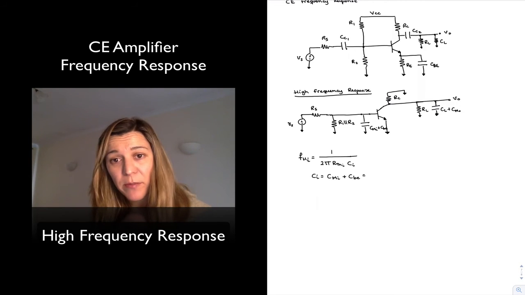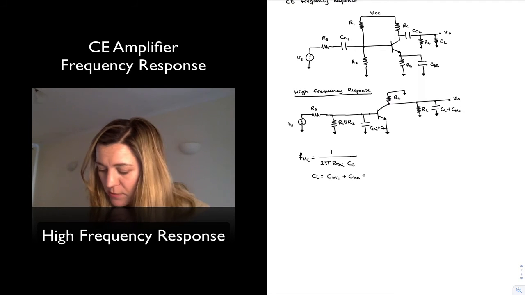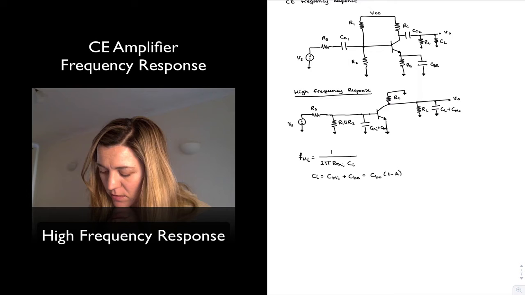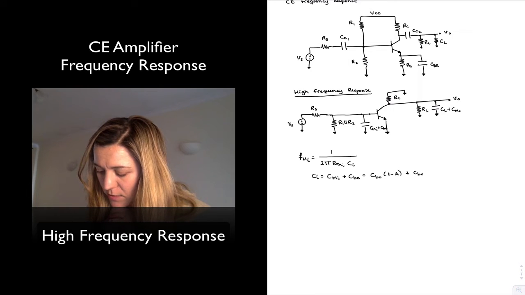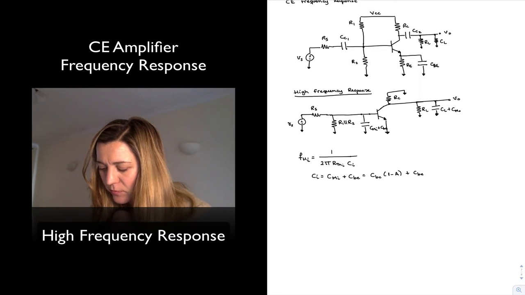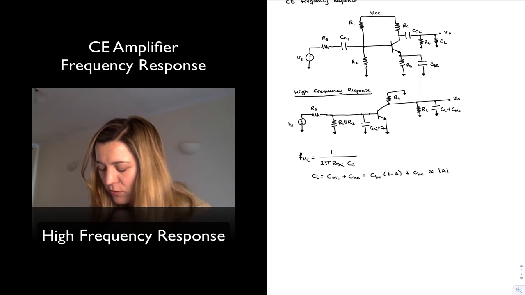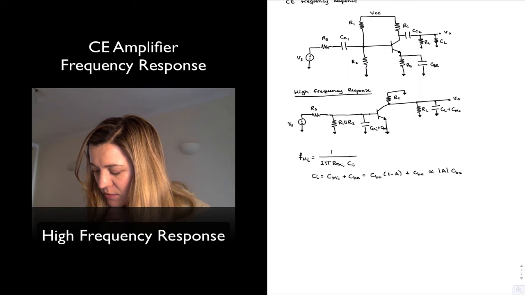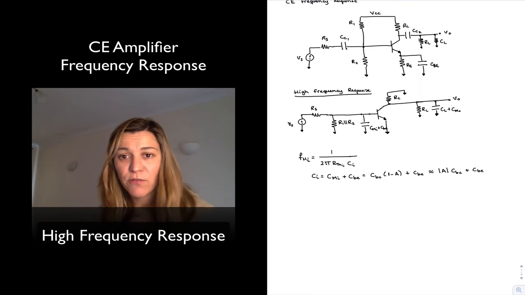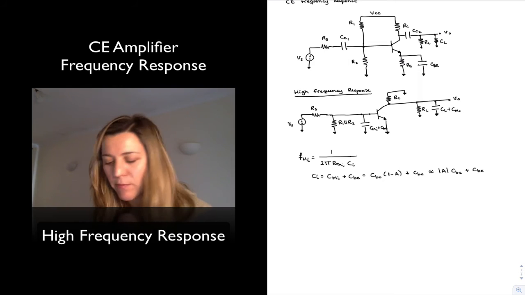And the Miller input capacitance is going to be equal to CBC times (1 minus A), plus CBE, approximately equal to the absolute value of the gain times CBC plus CBE. And the reason for that is the gain for a common emitter amplifier is typically much larger than 1.